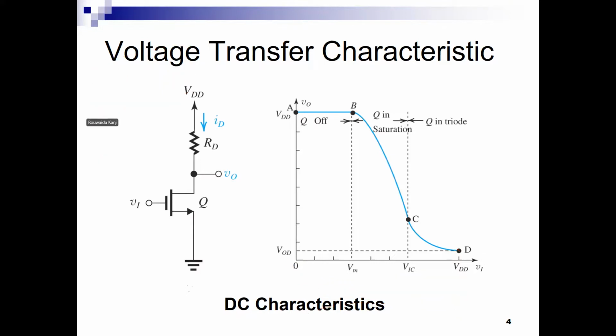Okay? So as you said, if we take the midpoint as the Q, then the gain is -1.